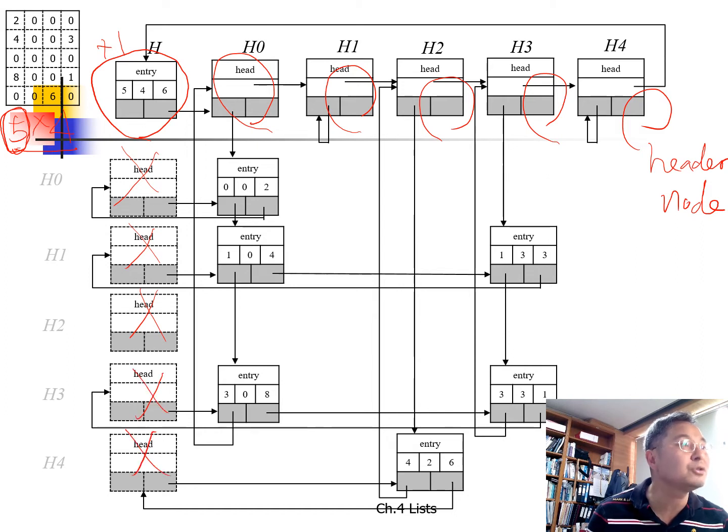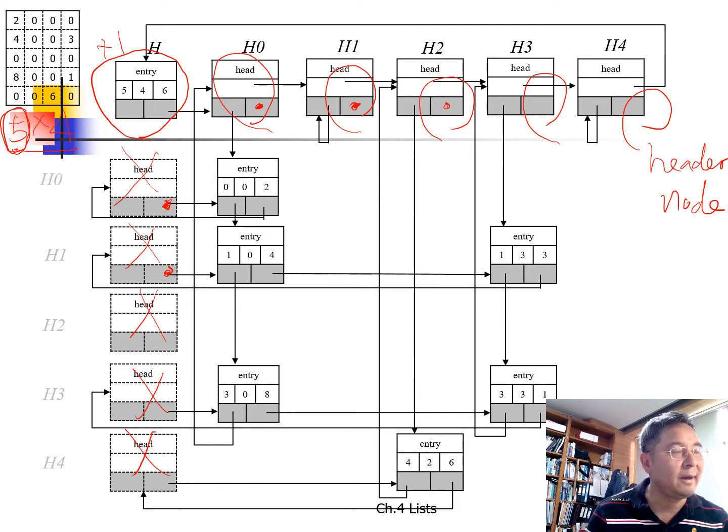It is virtually existing because this also includes this field. This field is represented here, and this field is represented here. In this way, one header node represents a row and a column.